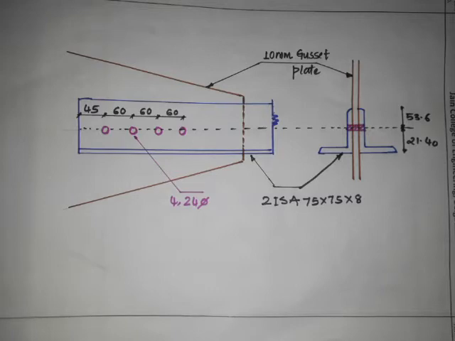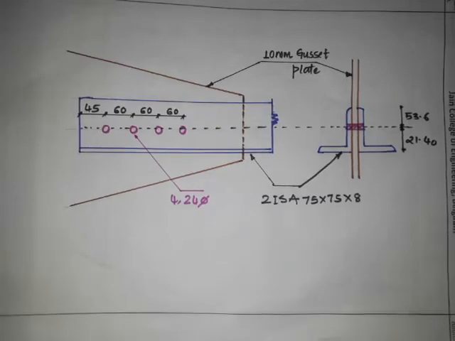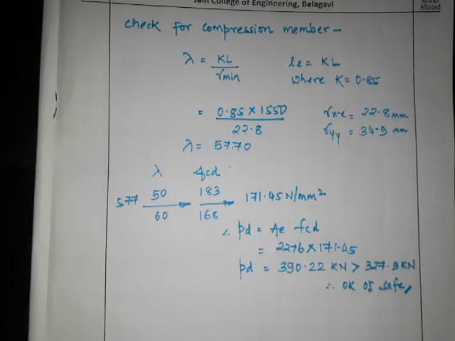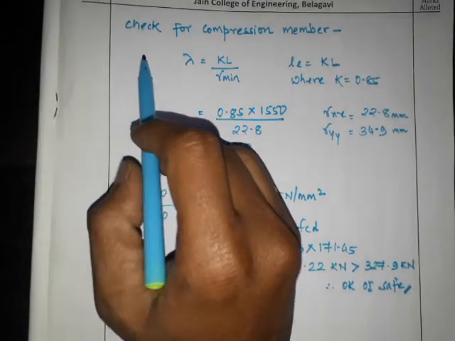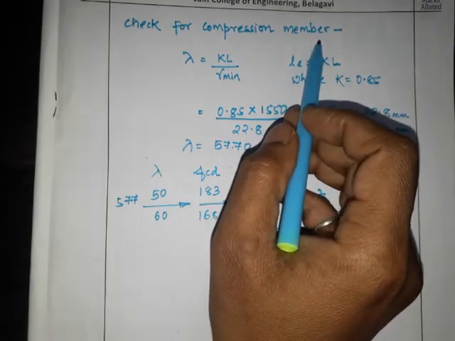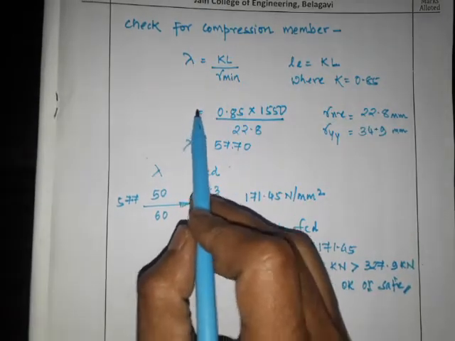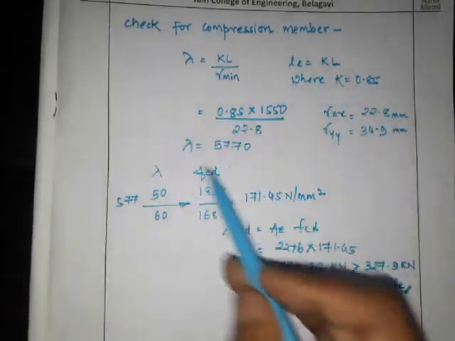Later we checked whether the member is safe to carry the design compressive force. So this is regarding the last session. After selection we checked the member for compression, and this is the procedure we did.